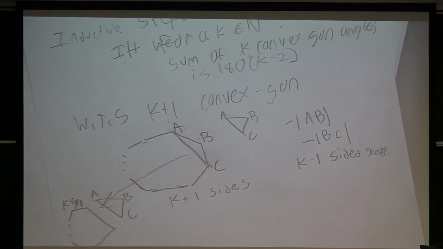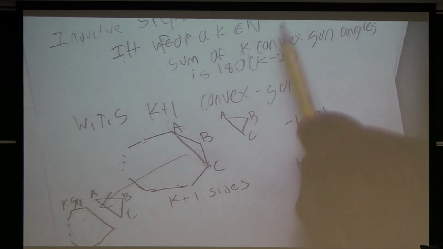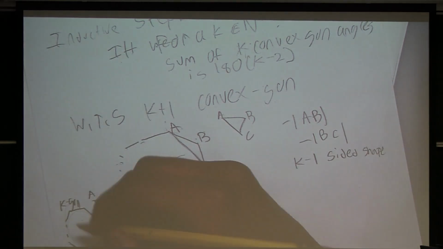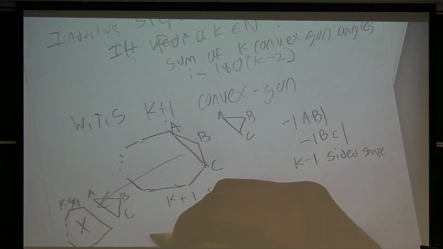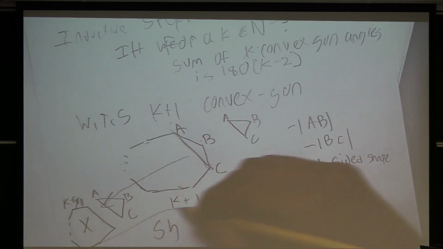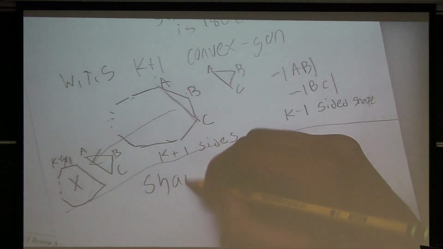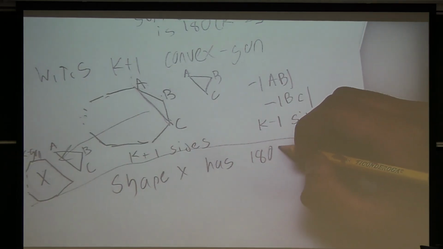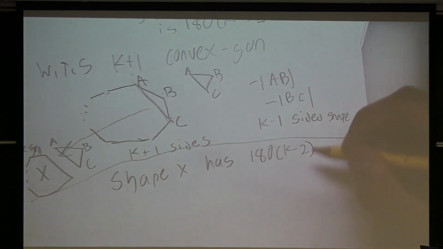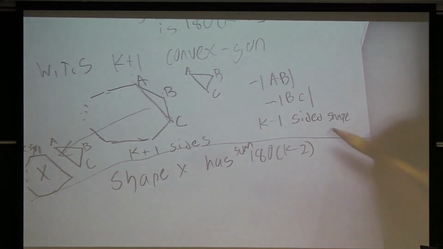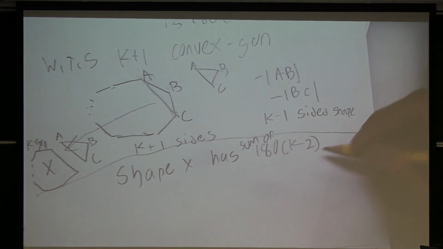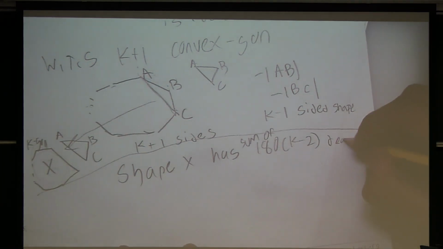So what we did here is we know that this is a k gon, so we can use our induction hypothesis. Therefore, if I label the shape X, shape X has the sum of 180 times k minus 2 degrees.